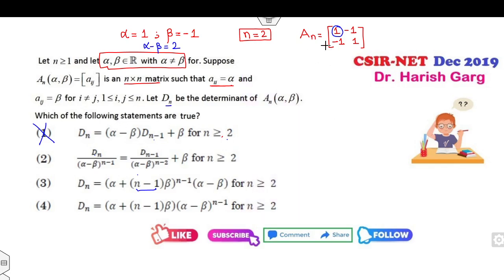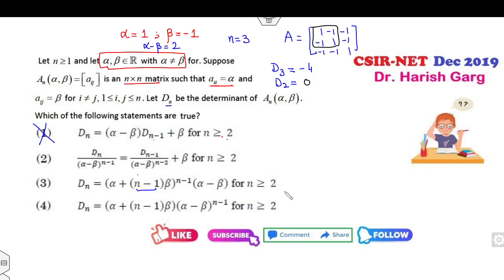Now I can choose n equal to 3. Then your matrix will have diagonal entries 1 and the rest of the values minus 1. So can you find D3? Clearly the determinant is minus 4. D2, the determinant of the 2 cross 2, will be 0.